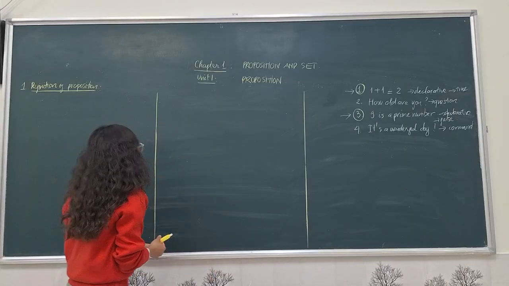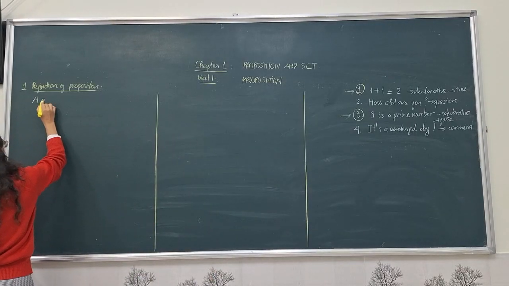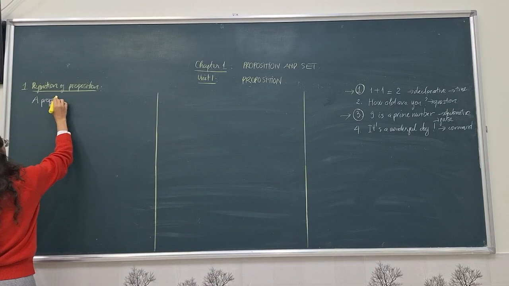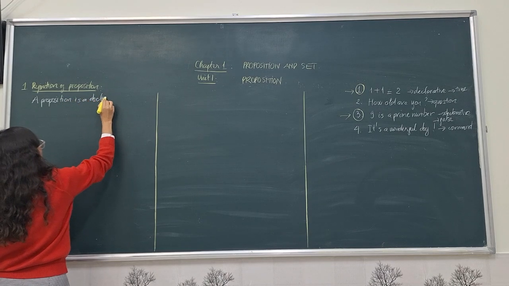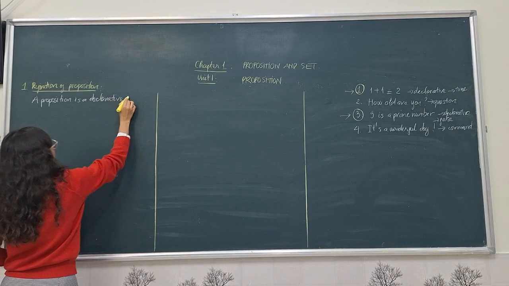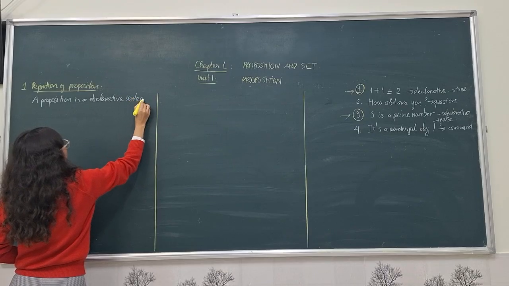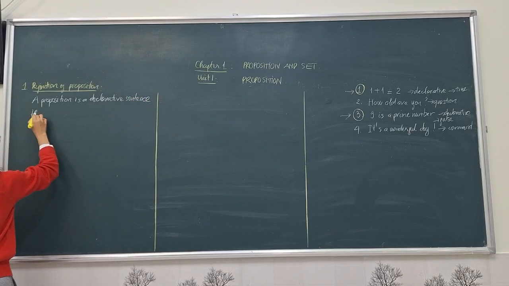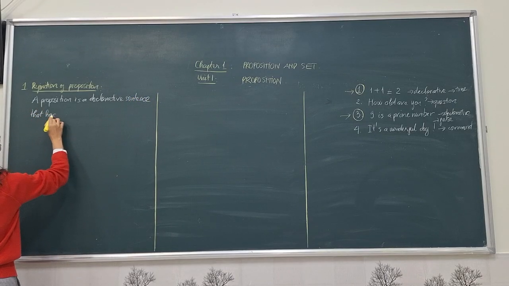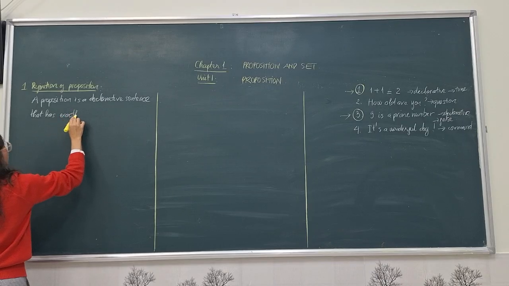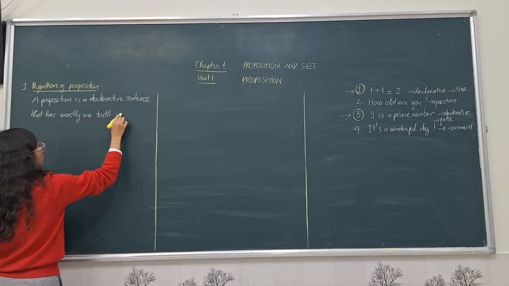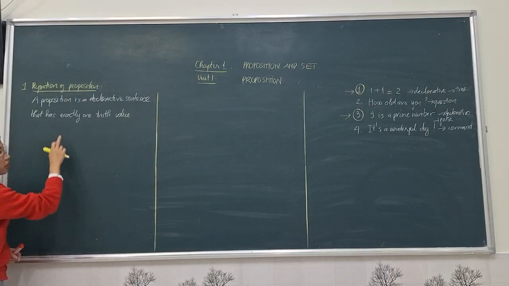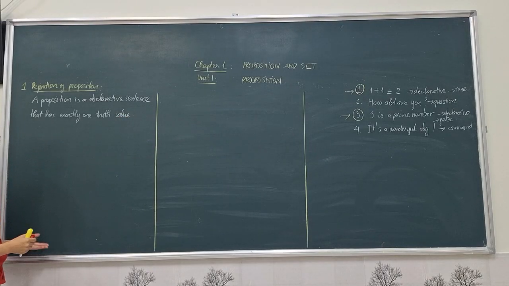A proposition is a declarative sentence that has exactly 2 values. It means its value is true or false.